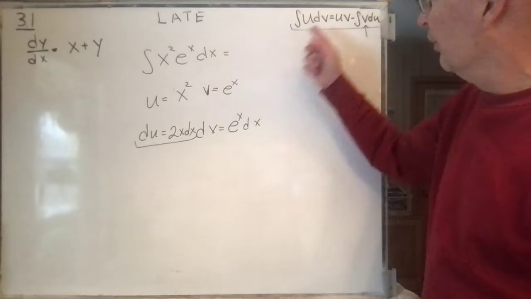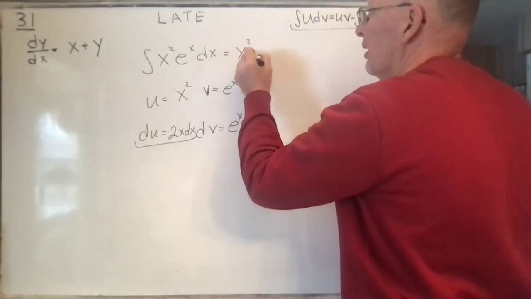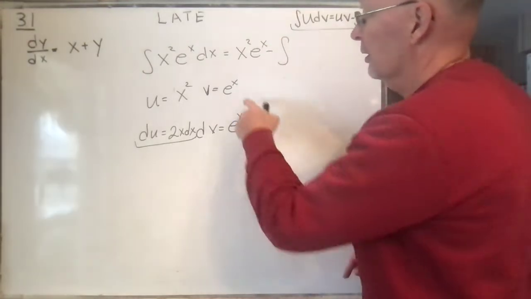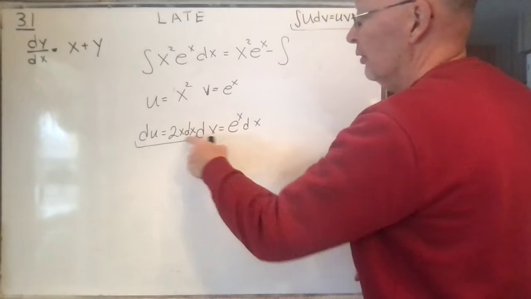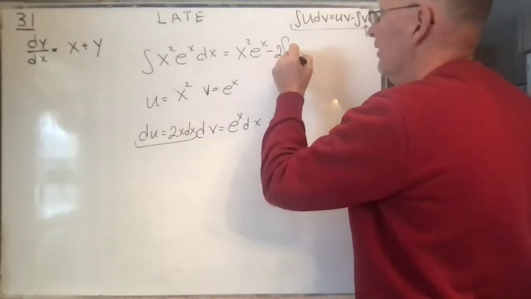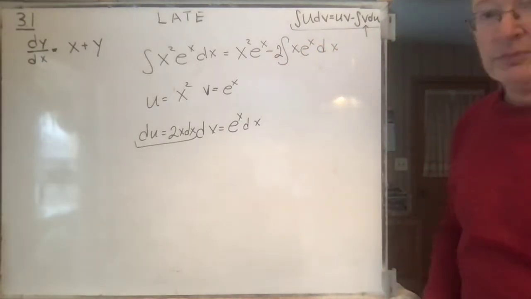So what happens when we use integration by parts? It's going to be uv, x squared e to the x, minus the integral of v du. Here's v, there's du. The 2 I can bring out front, and I'm going to get x e to the x dx right there.